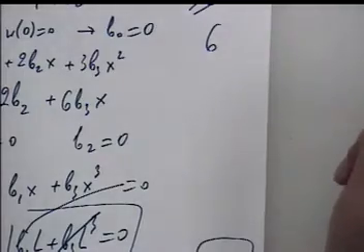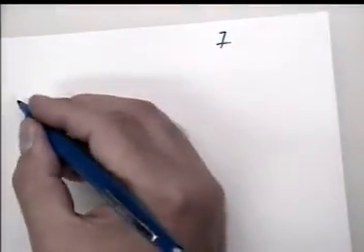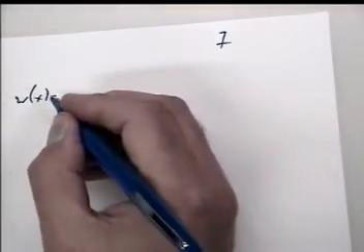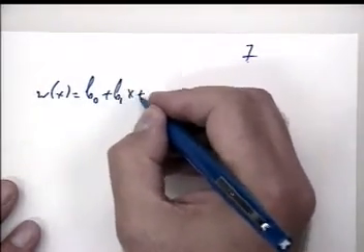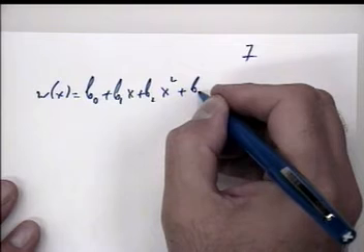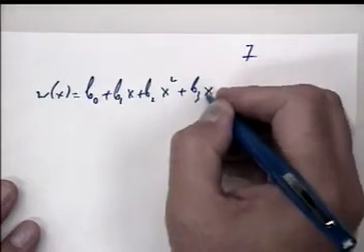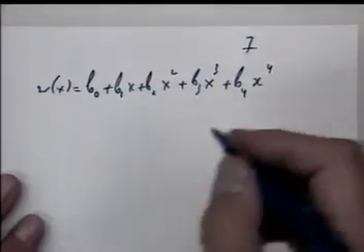And now we go to the fourth order polynomial. W of x equals b0 plus b1x plus b2x squared plus b3x cubed plus b4x in fourth power.